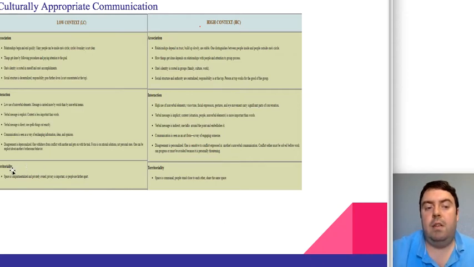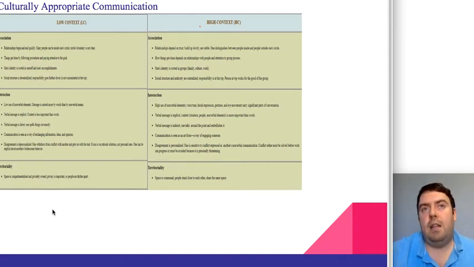Another thing to note is the territorial nature. So in low context cultures like the US, many times we have a very fixed personal space bubble. Most people stay 3 to 6 feet apart, and you're not supposed to get close to someone or get in their bubble.